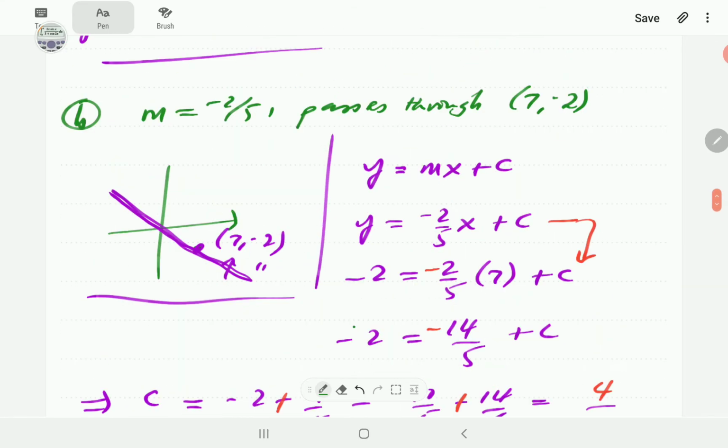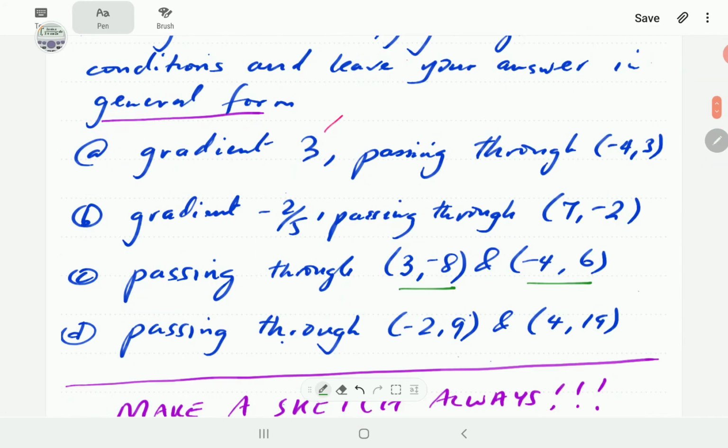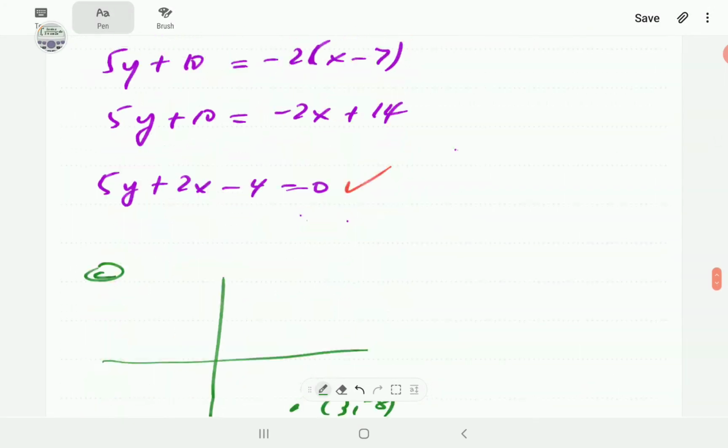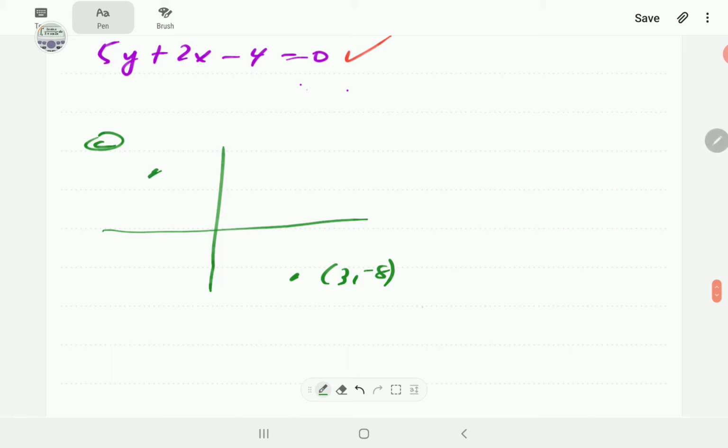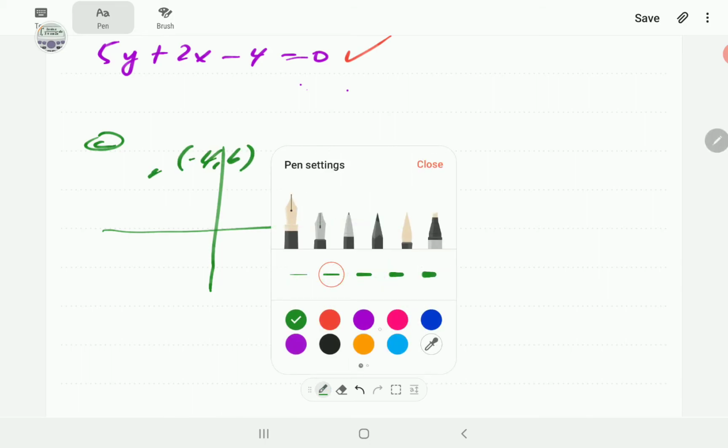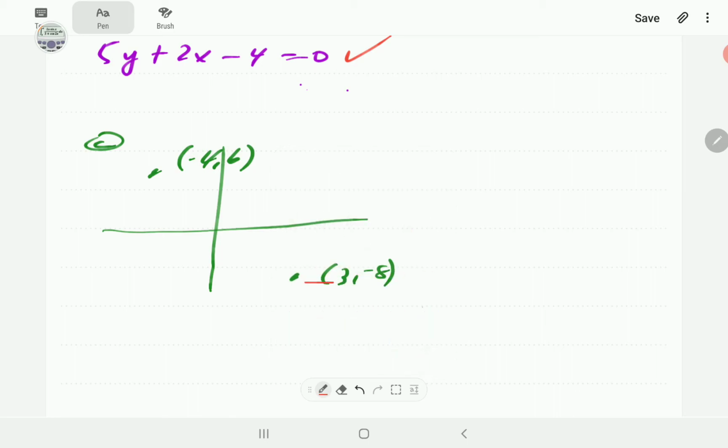The other one is minus 4, 6, which is in quadrant number 2. So that means our straight line is going to be somewhat like that.